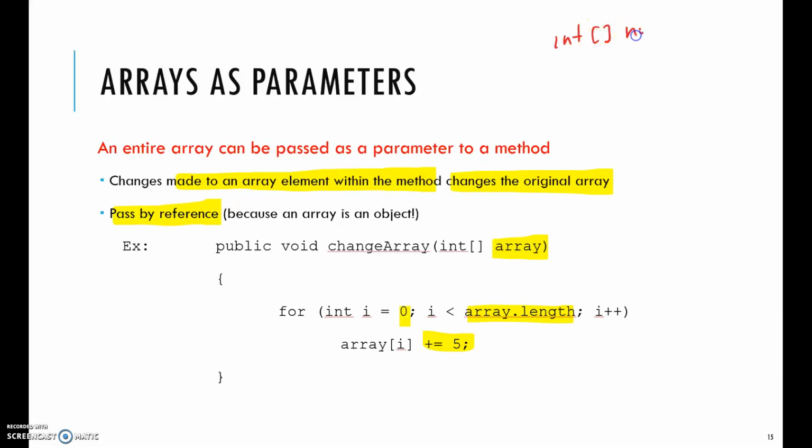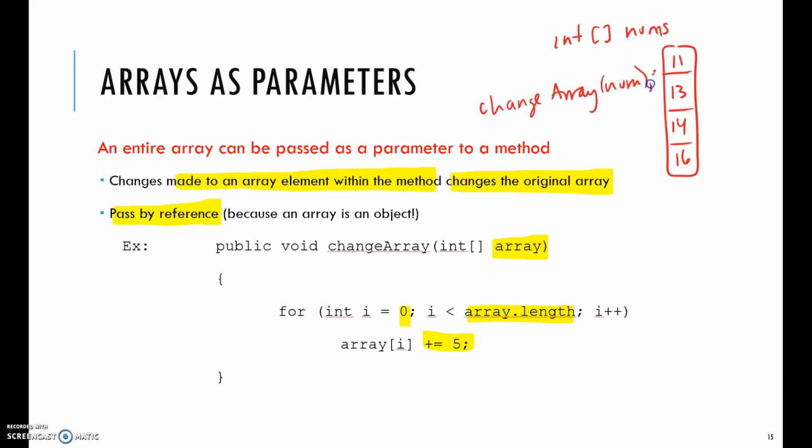So if I were to start out in my main method, and let's say I had an int array called nums, and let's say this array had, we'll just say 4 values, and let's say the values were 11, 13, 14, and 16. And then let's say in my main method, I wrote the line of code changeArray, and I passed to it nums.